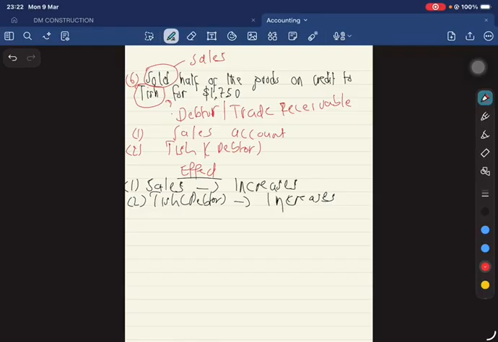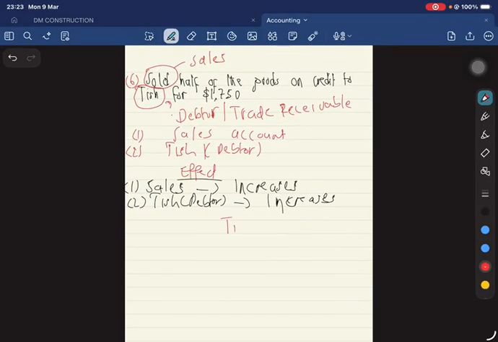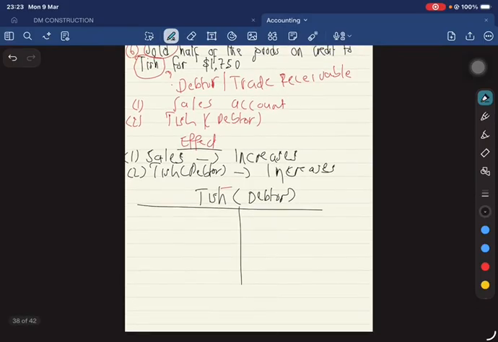So for Tish, Tish is a debtor, and a debtor is an asset. It belongs to the business. The business has control over it.